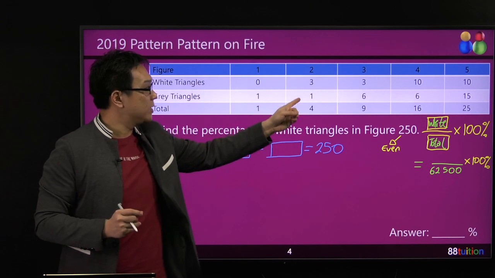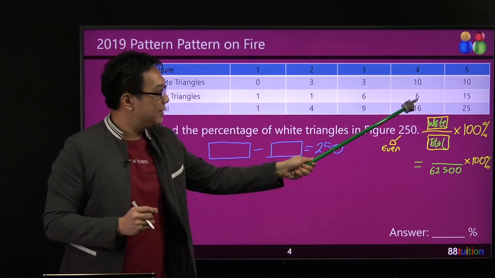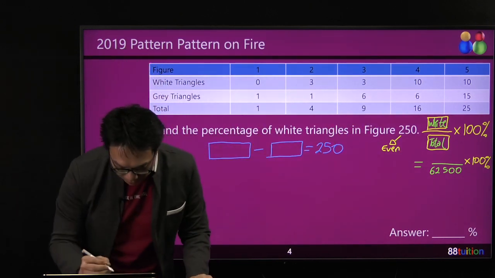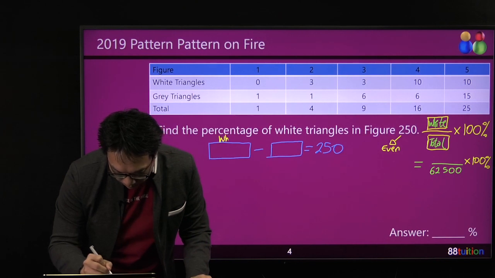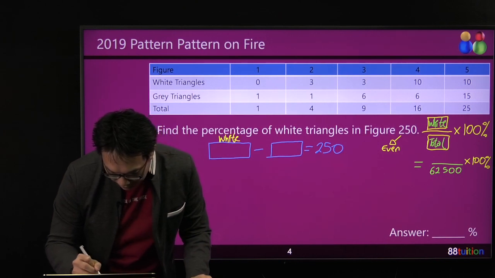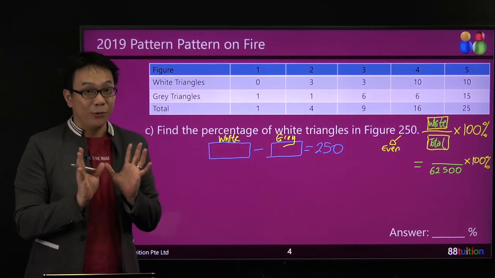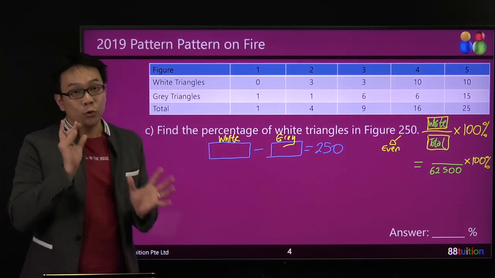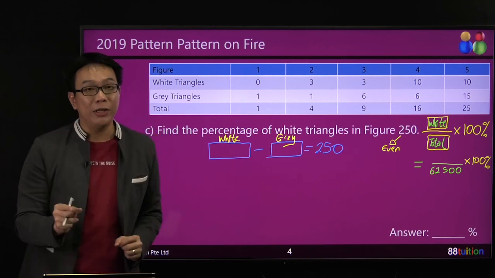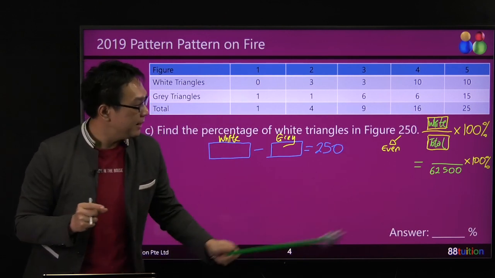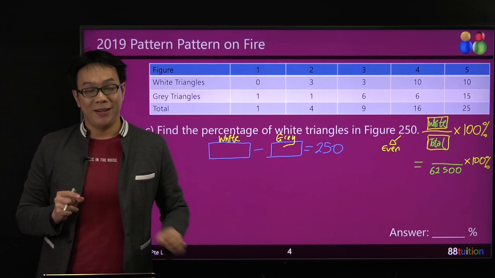So it's white minus grey. Look at here, white minus grey is 4 again. So down here, white minus grey must give you a 250. That is the clue that I saw just now. And remember the total, right? The white and the grey together must be 62,500. Can you see?